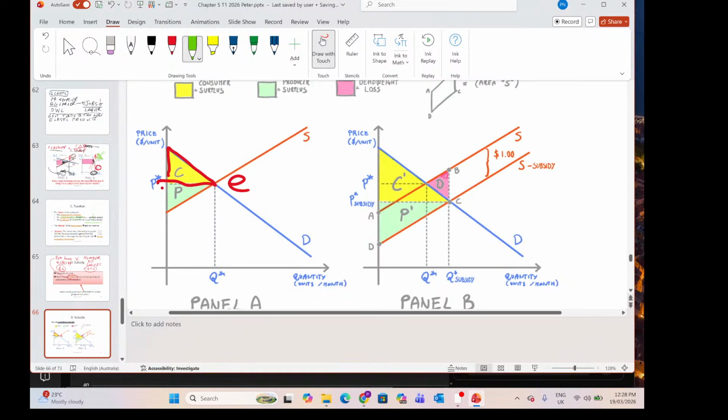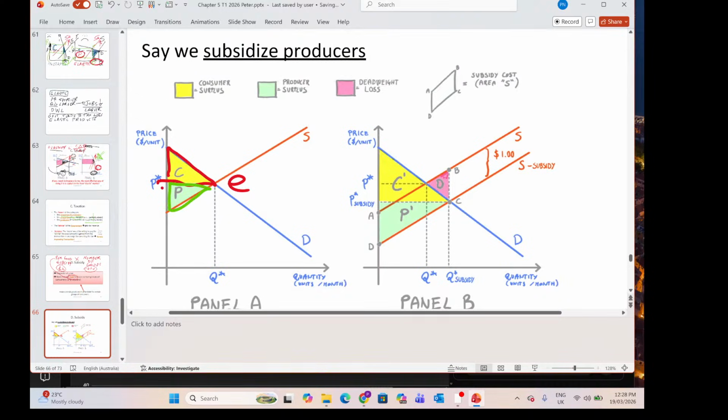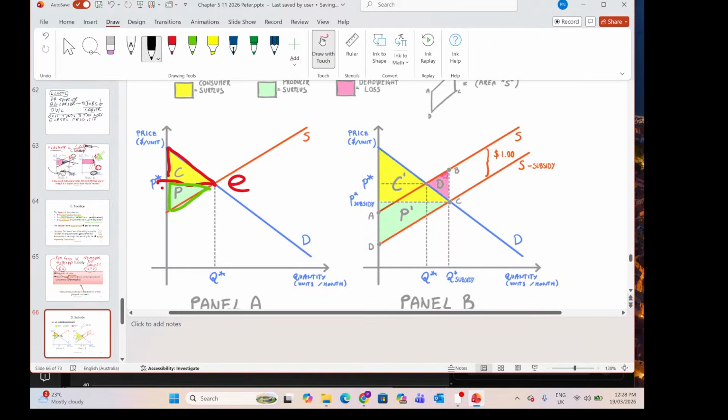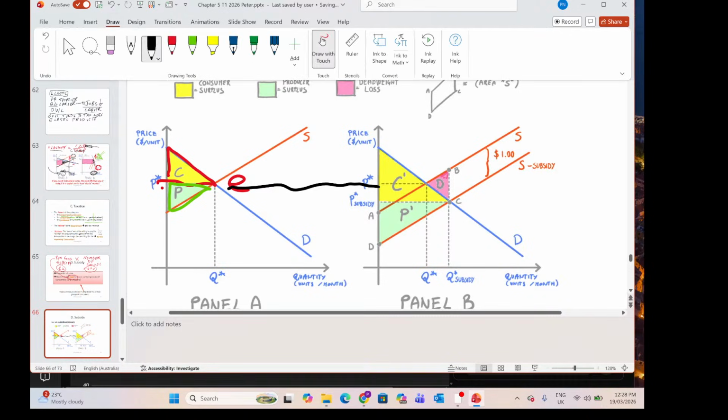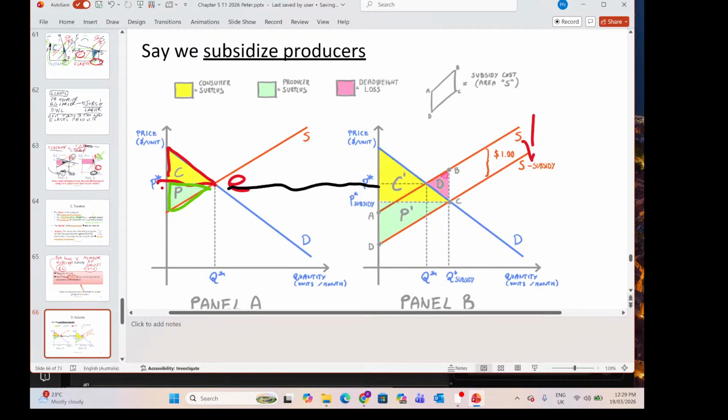We can show the producer surplus. That's pretty simple. And then if we take this price across, that's the price before the subsidy. And then what happens with the subsidy is this. The subsidy moves the supply curve down.